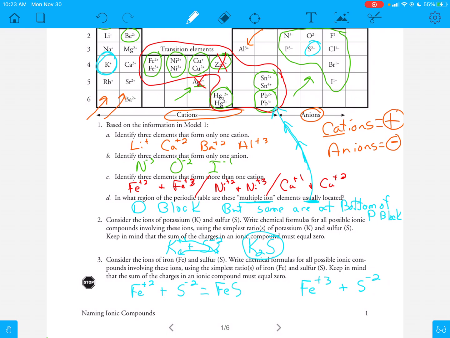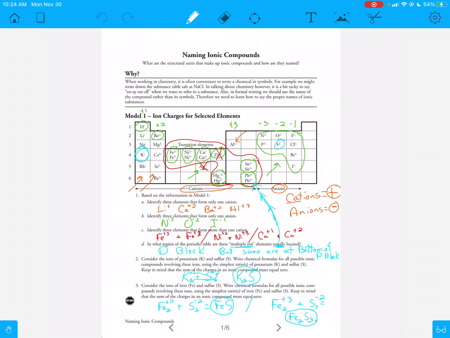Why? Because this is going to be Fe2S2, and remember we reduced it down to the smallest form. So that's going to be FeS. And then we also have this other one over here. This is going to be Fe, we put the 3 there, we put the 2 there. So that's going to end up with Fe2S3. Okay, so we've got that one as well. So there's our 2 possible combinations for number 3.